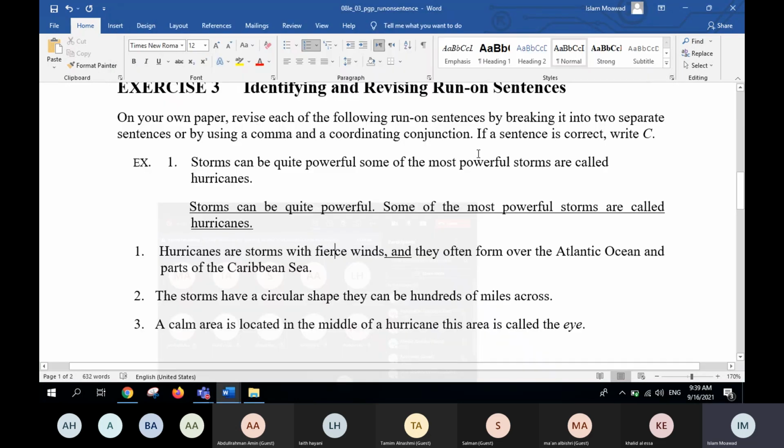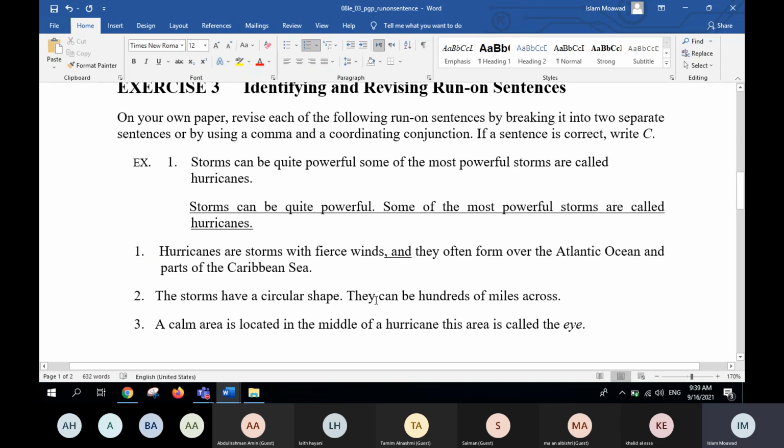The number two. The storm has a circular shape. They can be hundreds of miles across. Between shape and they, what should I do? We can do two things. So, Saad, can you tell us what you can do? Point. Okay, this is one of the solutions. Or, as Faisal said, we can put a comma and write "and" and leave the T small.